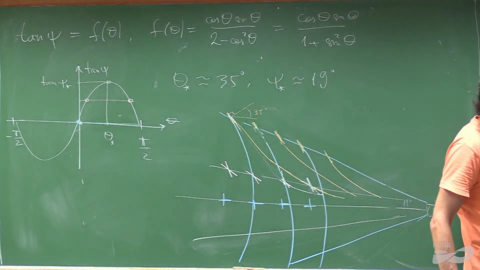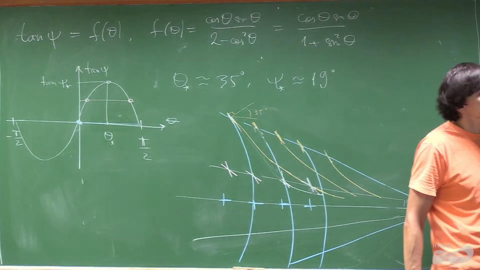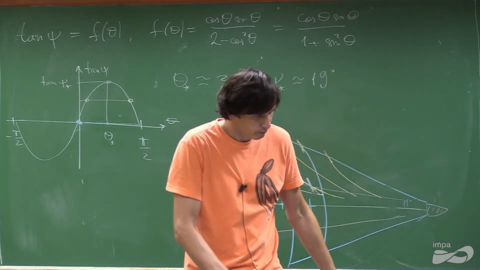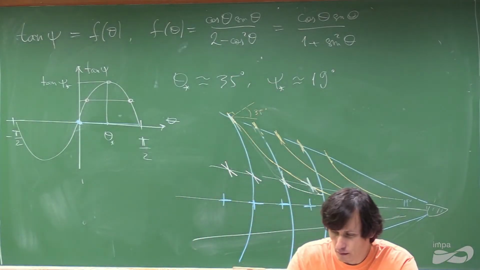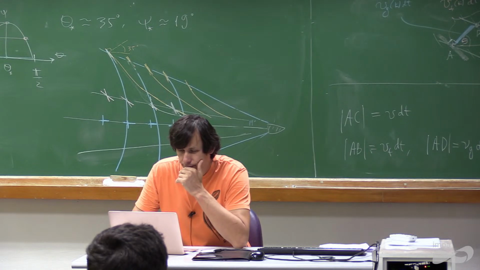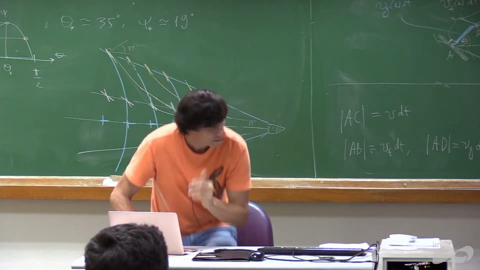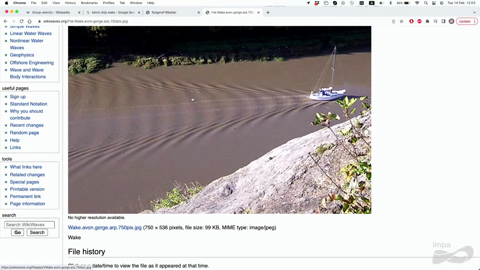You should understand that the crest of the wave goes with a phase speed, but the place where the same wavelength is accumulated should move with a group speed. So now you can see maybe something which you didn't see before.